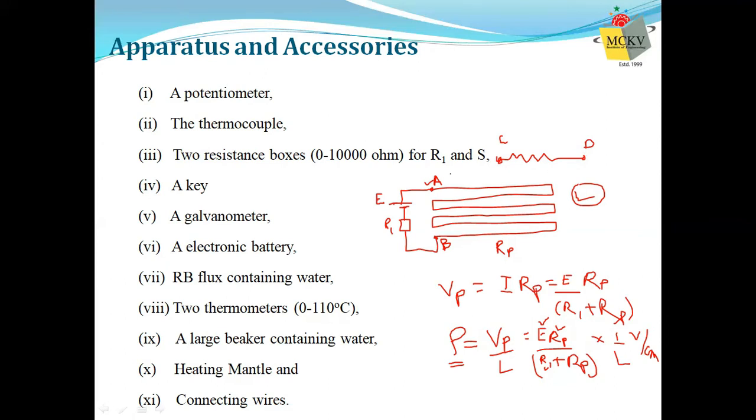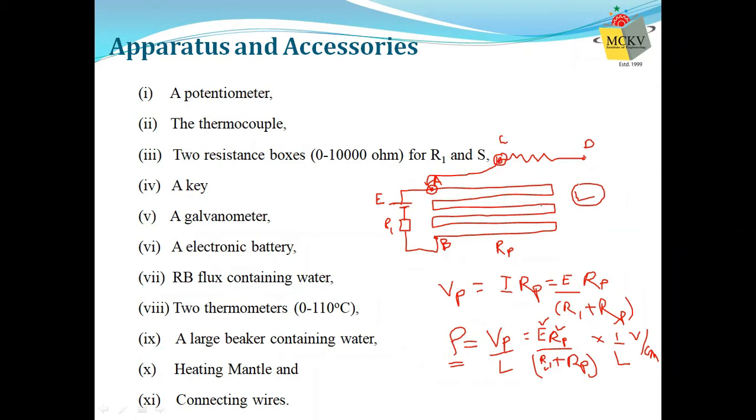So I will use this potentiometer circuit. I'll connect C to A. So what is the potential of C and A? A is the start of the potentiometer wire. C and A will be at the same potential. Am I right?